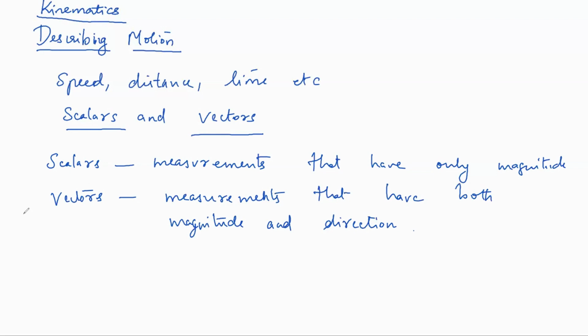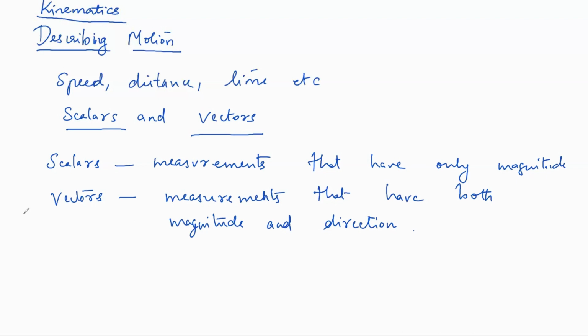So we are familiar with what is scalar. Scalar means it has only magnitude. For example, distance. We measure distance as 5 kilometers, 10 kilometers, etc., without saying any direction. So magnitude means just a numerical value is enough for describing the quantity. So distance is an example of a scalar.